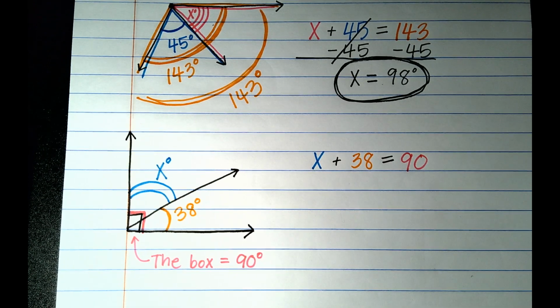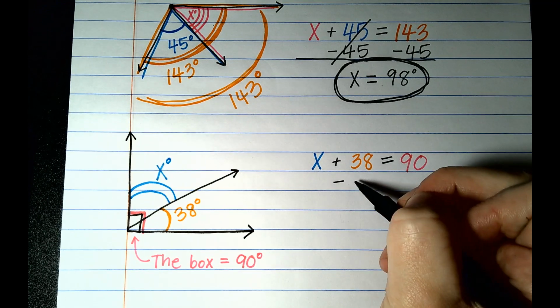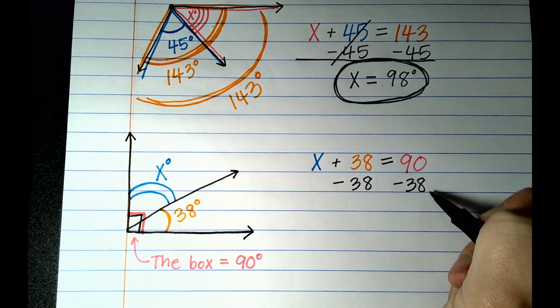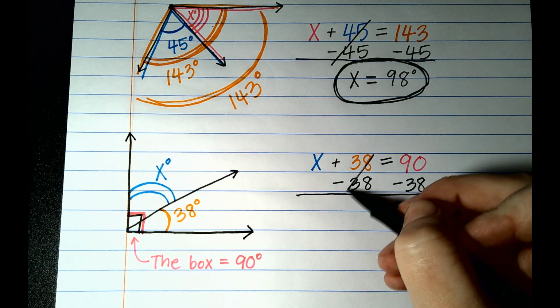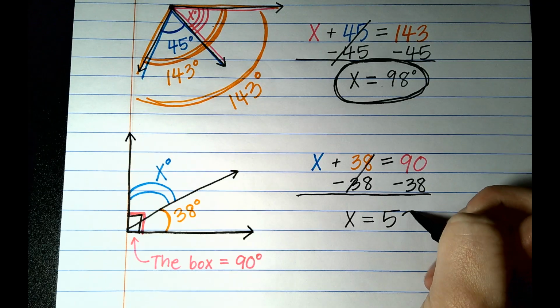Perfect. X plus 38 equals 90. Beautiful. How would I solve for X now? Subtract 38 from both sides. And we'll get, just like Erica said, 52 degrees.